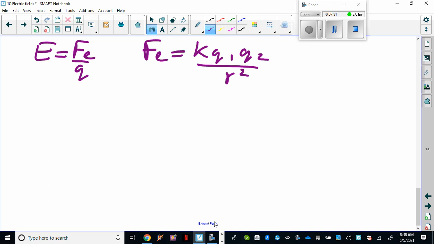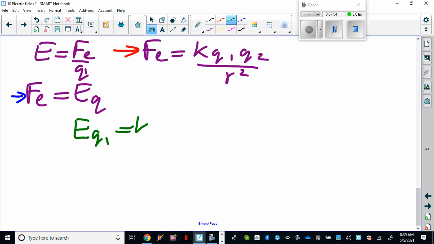And we'll call this Q1. And then in the previous examples, we manipulated that formula. And look at this, we have exactly the same situation. Fe equals this, Fe equals that. Therefore, this equals that. So therefore, E Q1 equals kQ1Q2 over r squared.